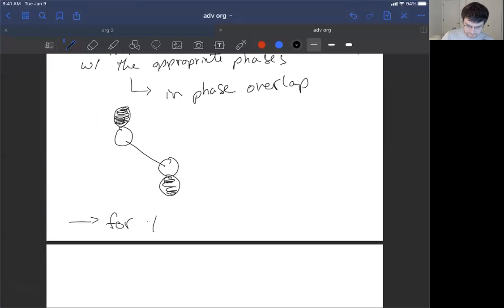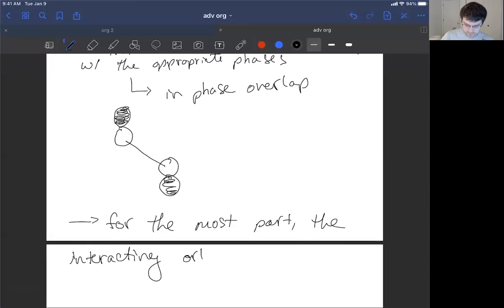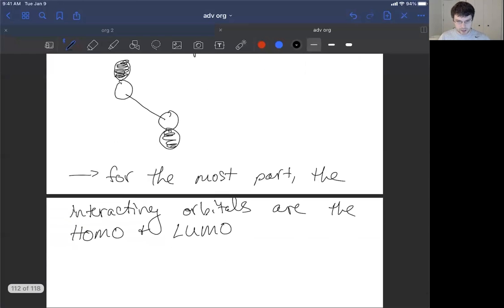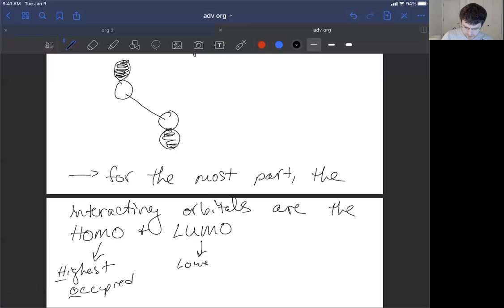So for the most part, the interacting orbitals are the HOMO and LUMO, where HOMO is the highest occupied molecular orbital and LUMO is the lowest unoccupied molecular orbital.